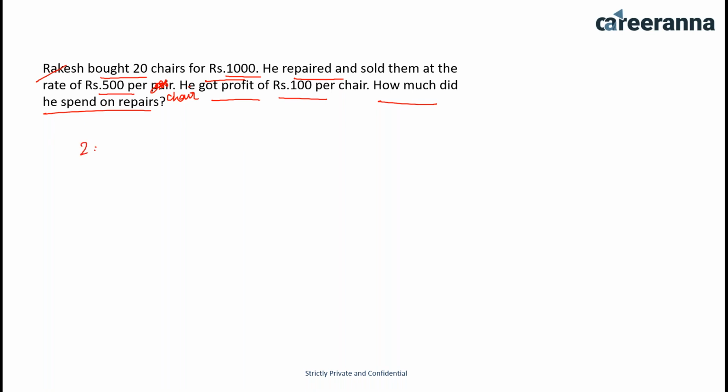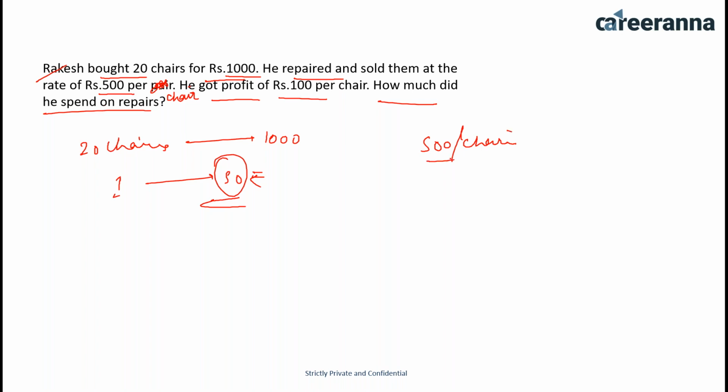Yes. So 20 chairs for 10,000 rupees, right? One chair for 500 rupees, and he sold it for 500 per chair. Profit was 100, so cost price was 400.